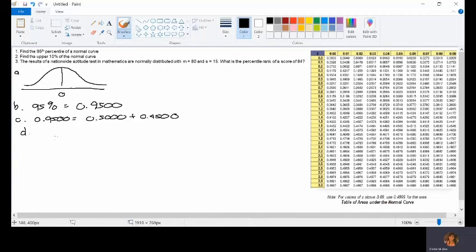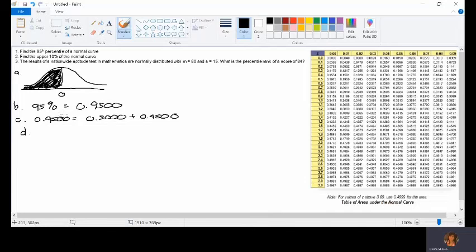So step number 4, shade 50% of the sketch of the normal curve in step 1. So we're going to shade this part. Remember, by analysis, it says locating an area before or below the point. So here, we're going to shade this part. This is your 50% below the mean.